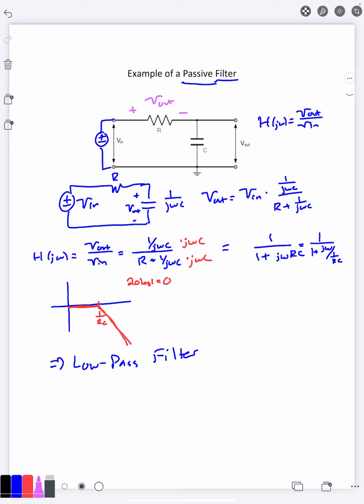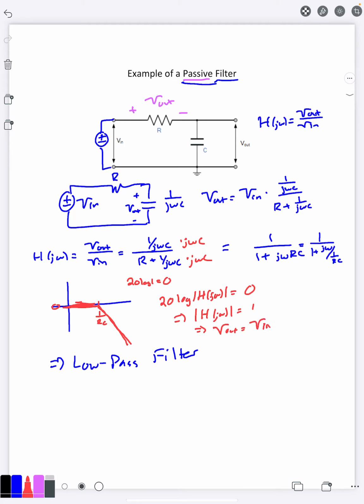Now I promised you I would talk about what passive means. If we look at our graph on our Bode plot, the highest it ever gets is 0. And since we know it's 20 log of the magnitude, in order for this to be 0, that means the magnitude is 1, and that means the output is just going to be equal to the input.